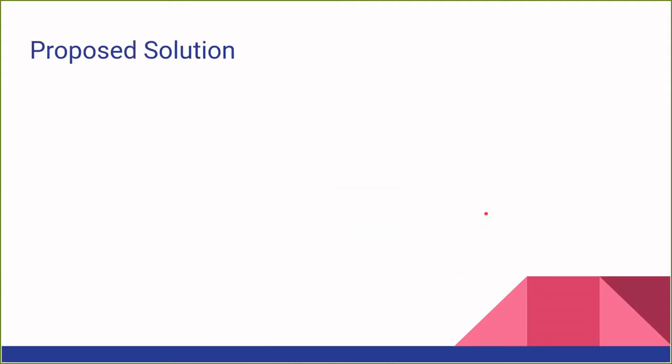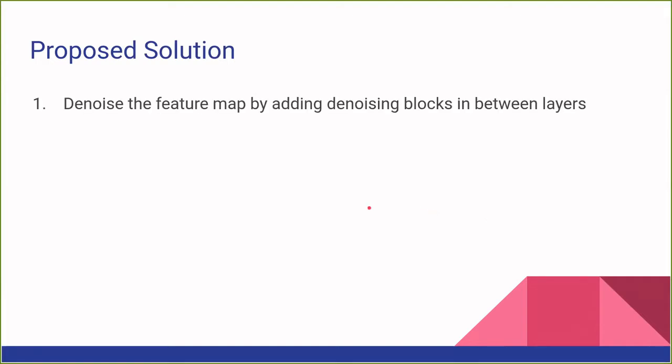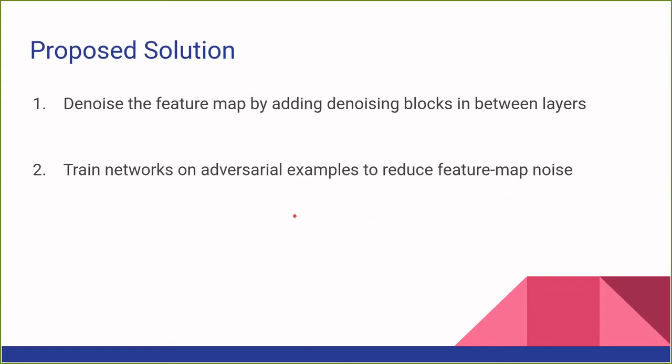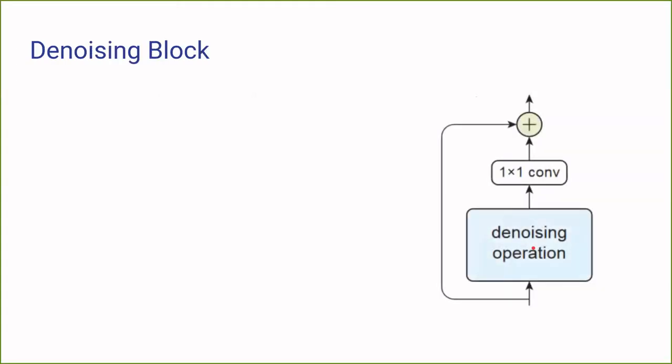So the authors propose a two-step solution. First is to denoise the feature maps by adding denoising blocks in between ResNet layers. And the second is to train networks on adversarial examples to reduce the feature map noise. So this is their denoising block structure.